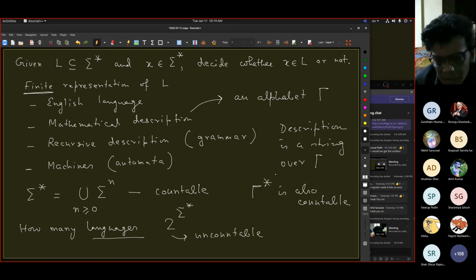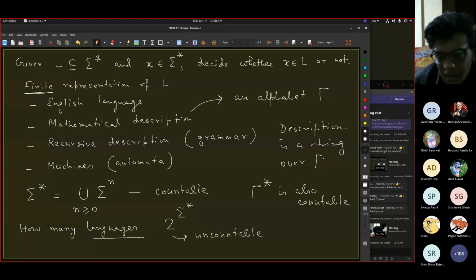Okay. Right. Okay. So that means two things. First, having some sort of finite description of a language does not immediately say that I can build a machine for that.